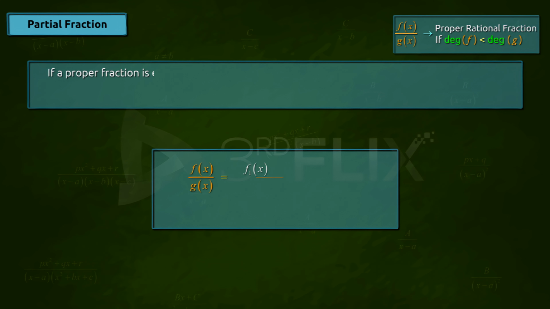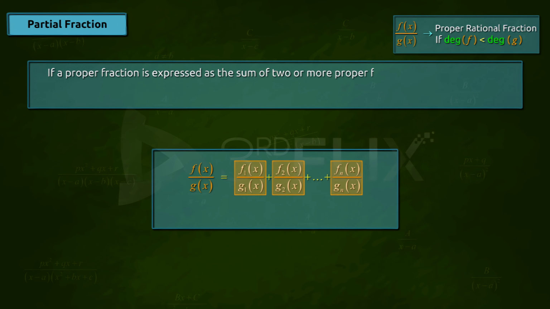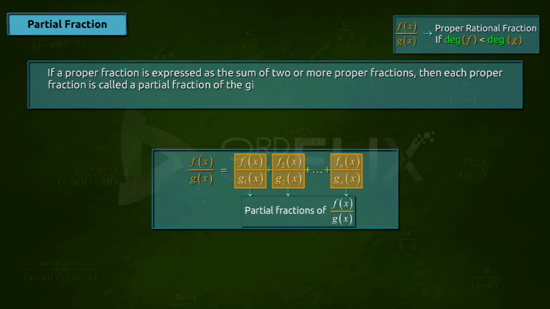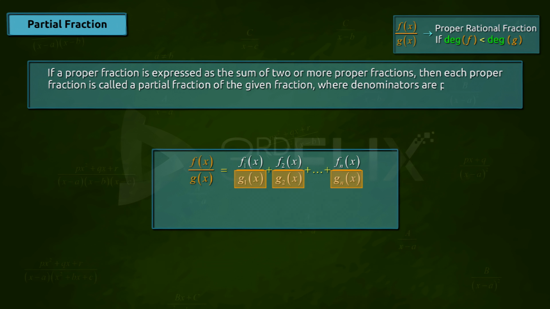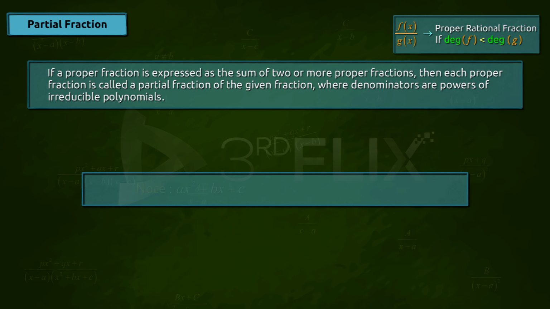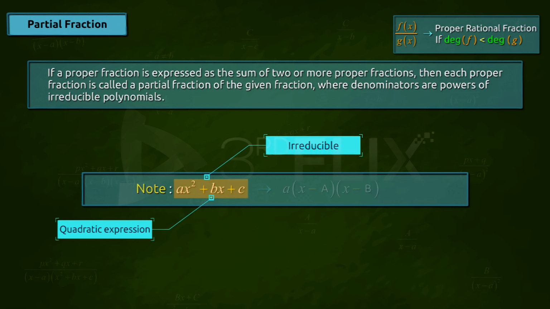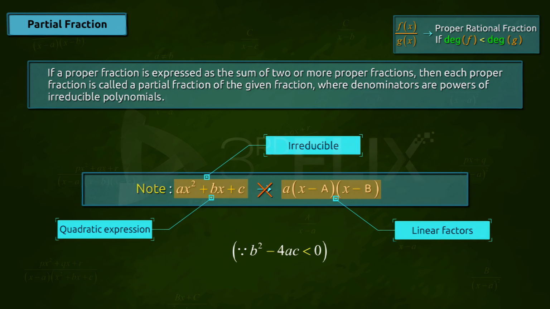If a proper rational fraction is expressed as the sum of two or more proper fractions, then each proper fraction is called a partial fraction of the given fraction, where denominators are powers of irreducible polynomials. Note: the quadratic expression ax power 2 plus bx plus c cannot be expressed as a product of linear factors if b power 2 minus 4ac is less than 0.